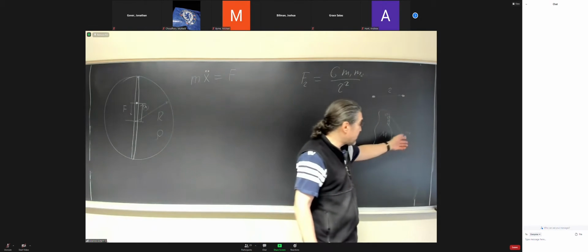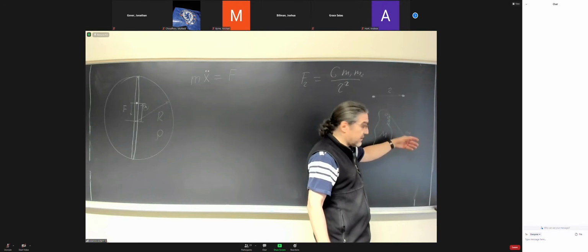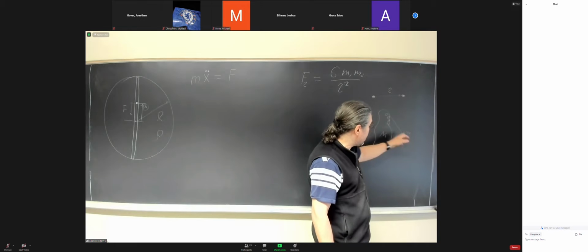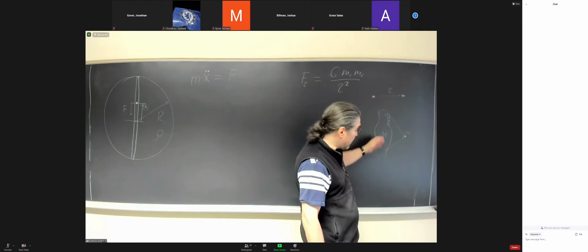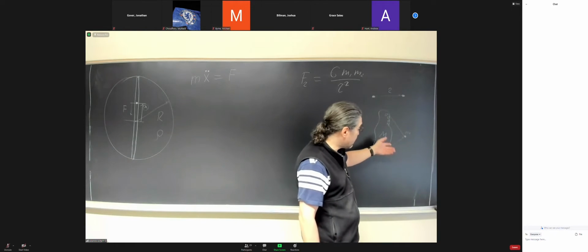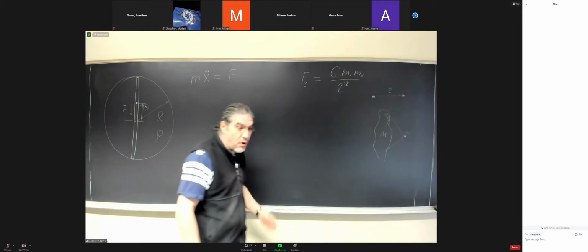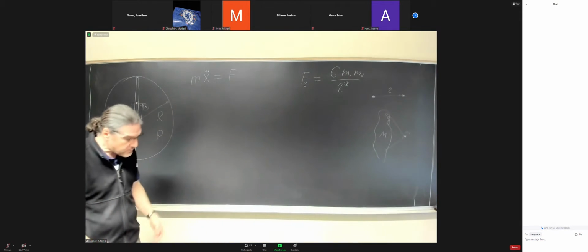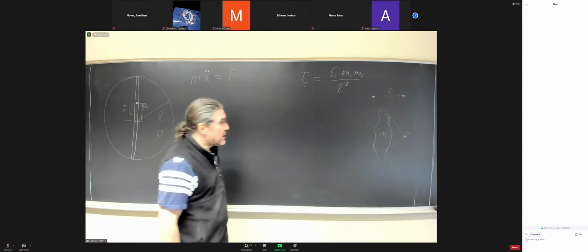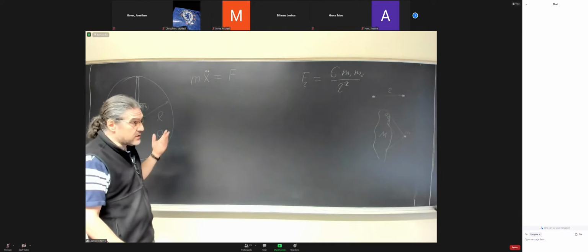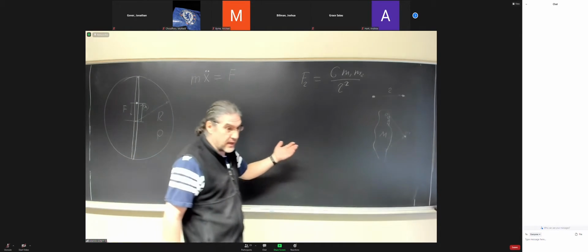It really doesn't matter in this case until you start doing it. But even if you have one point-like object and the other is extended, you cannot think of it as a point-like object. Then you have to split it into point-like objects, and then you can use this formula. So this formula is definitely not applicable here, because the force is not point-like in this situation.